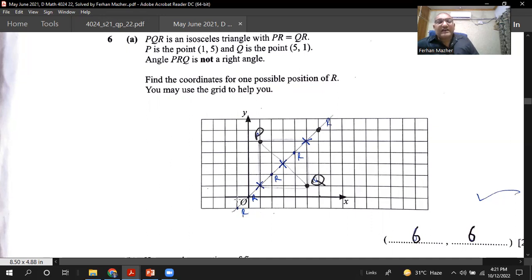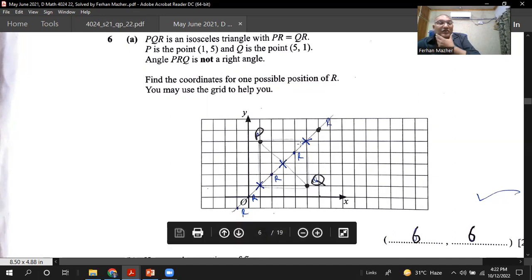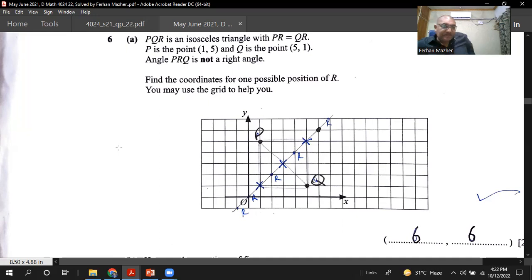Both of these are equidistant from P and the Q, but the angle at the R will be 90. Otherwise, you can take any point on this line. For example, I take this black point, this dot I have put there, that is 6, comma 6. You see, when you join P with the R and R with the Q, the angle between them will not be 90. Very tricky question.